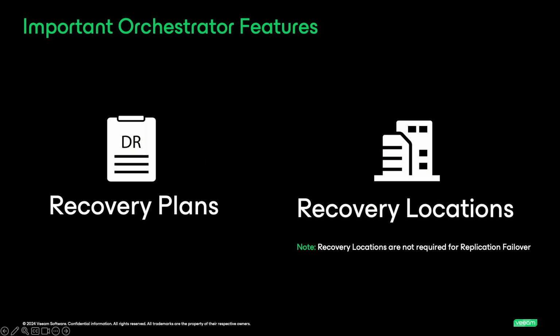To break down how it works, there are really two main components. Once we have all the infrastructure in place, and we'll talk through a little more of that, there are two sides to a recovery plan or creating that DR recovery. The first one is on the left.